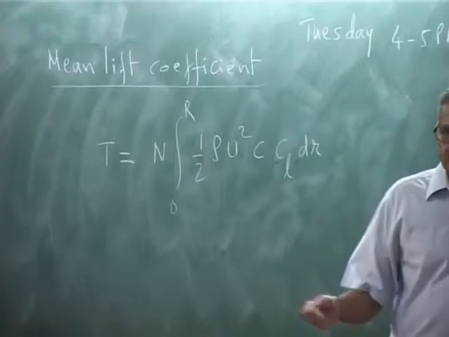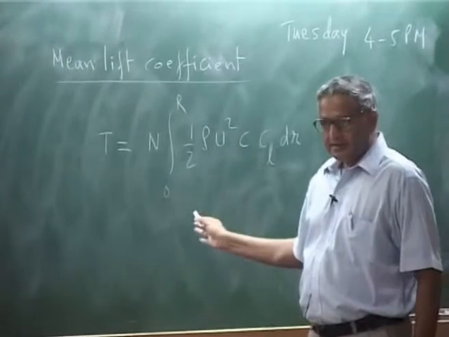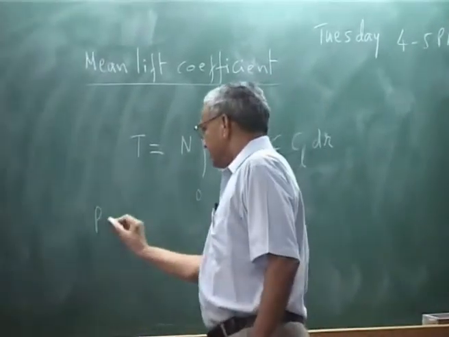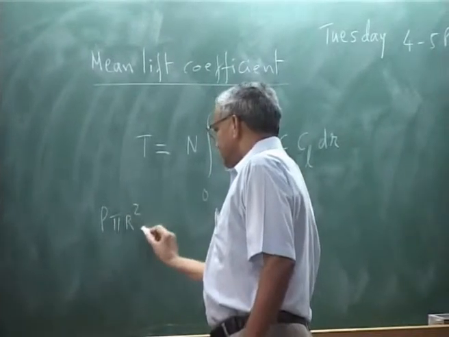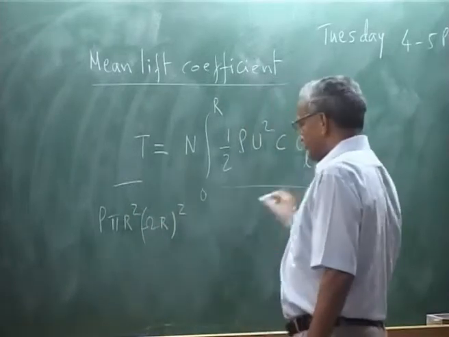Okay, this is a very simplistic definition. You non-dimensionalize with rho pi r square omega r whole square. You divide both sides.